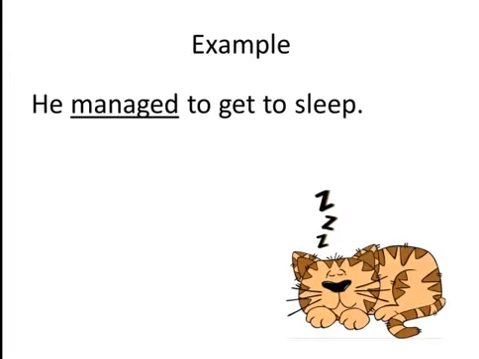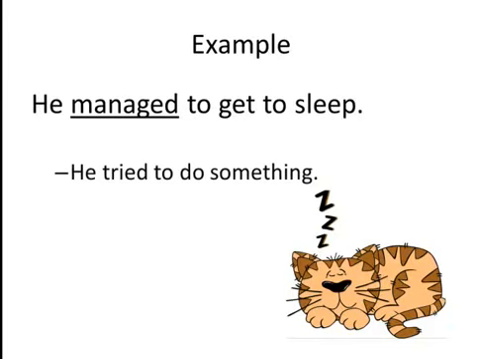For example, let's have a look at an example. So, he managed to get to sleep. Now we're looking at the meaning of managed. Now if you look in a dictionary is helpful because although I know you know what managed means, sometimes it's hard to really pinpoint it when you know it automatically.